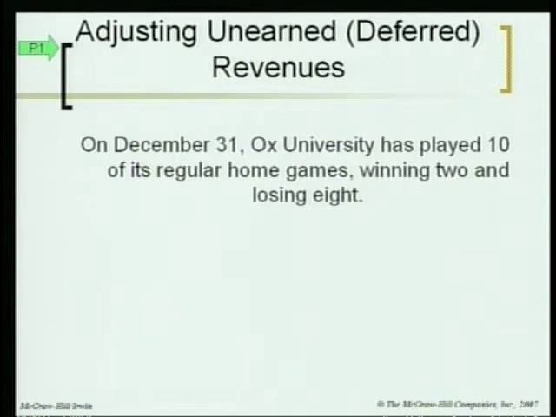Okay? So how much of that $100,000 revenue have they earned? Well, let me ask you this. What percentage of those games has been played? 50%. Thus, how much of that unearned revenue has been earned? 50%. What's 50% of 100,000?